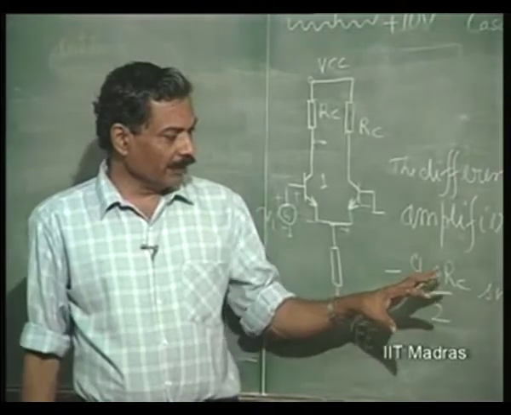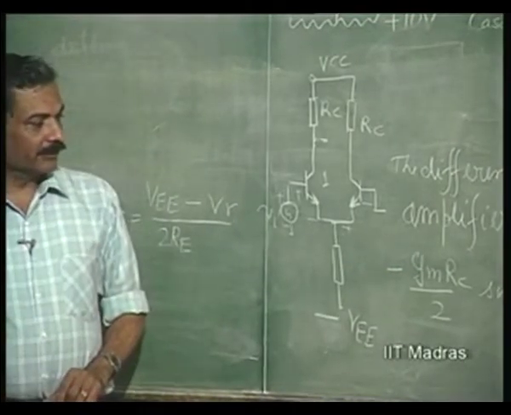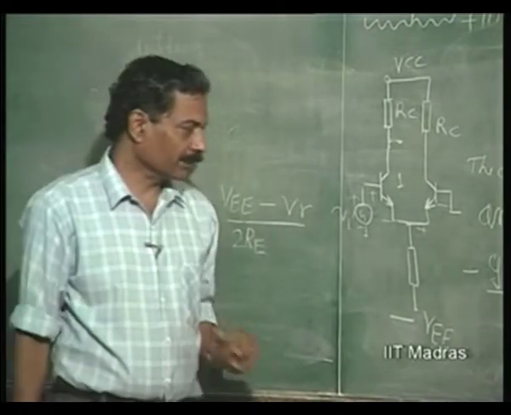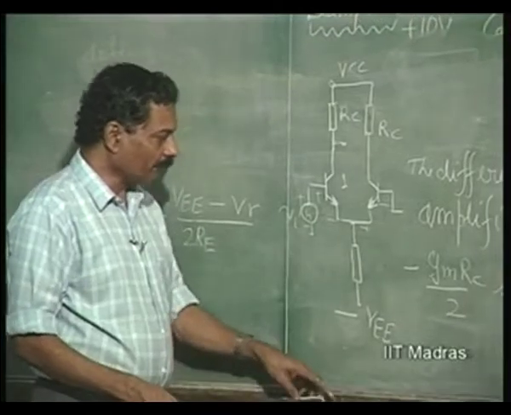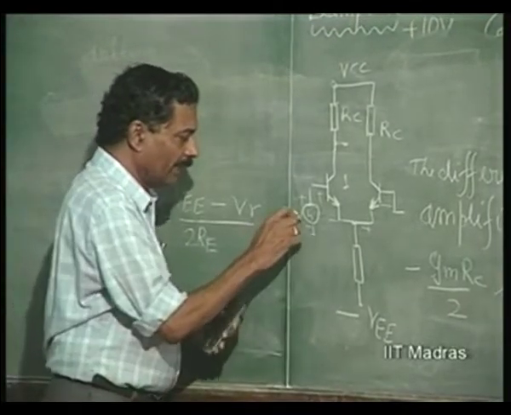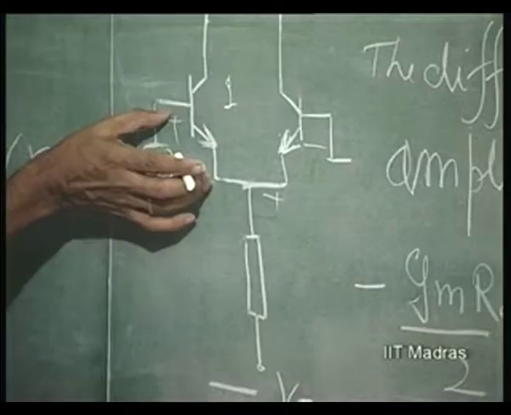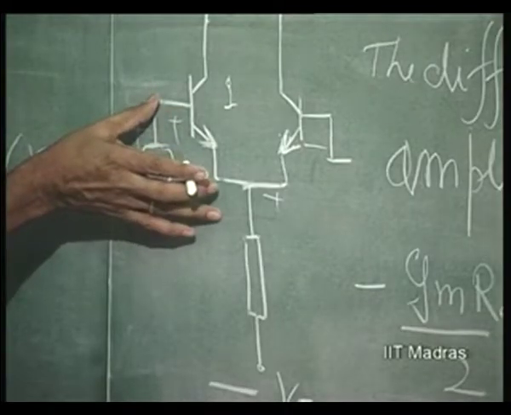So, the gain of this is minus Gm Rc by 2, but that is not of consequence. Let us see what exactly happens when I apply Vi. This voltage is going to go above the quiescent VBEQ1 by some amount.